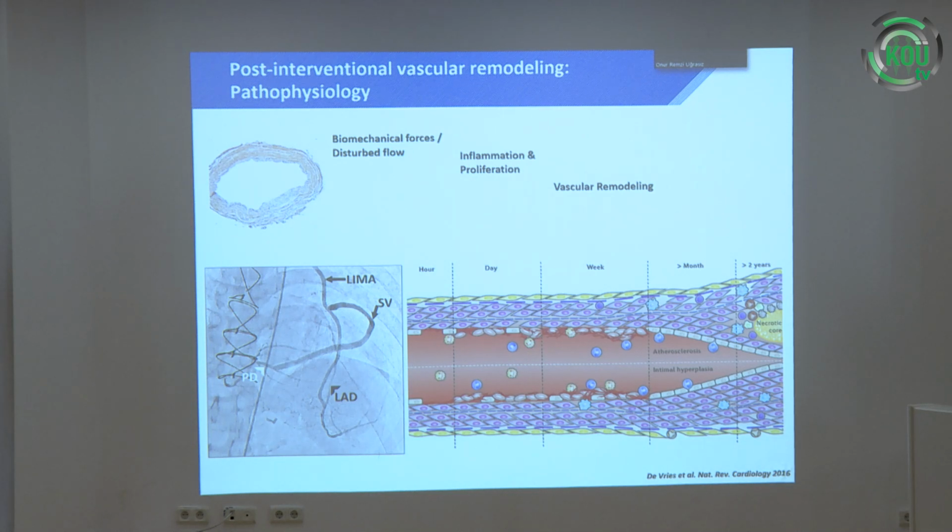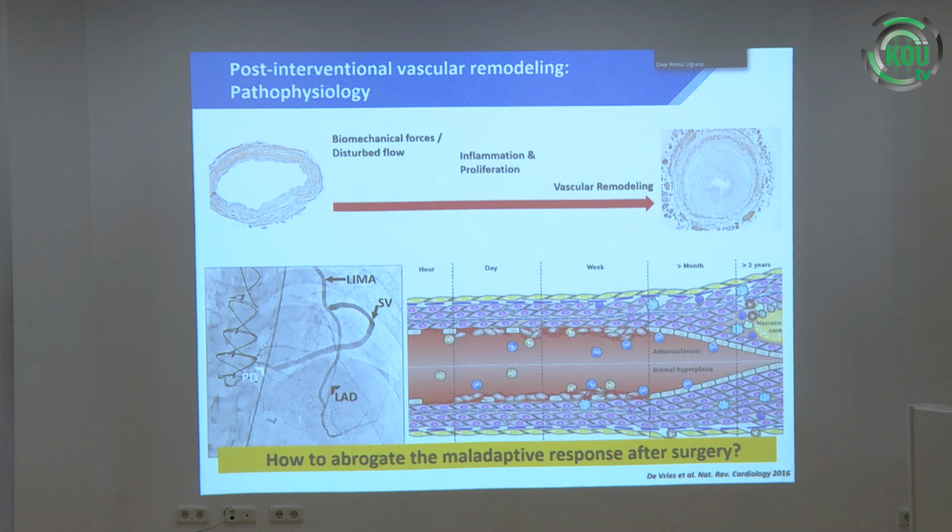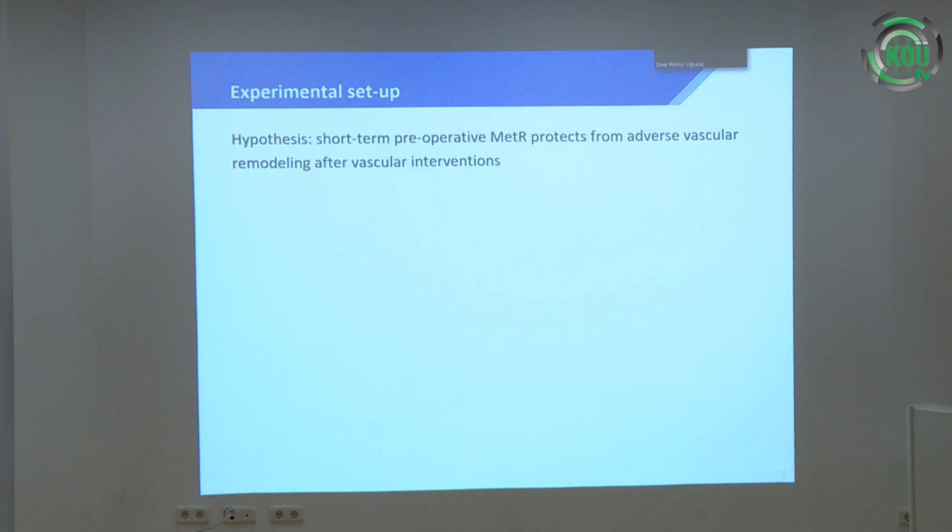But over time, this tends to overshoot, where we again have development of atherosclerosis and intimal hyperplasia, leading to loss of patency, and these patients have to undergo new interventions. The question that we ask ourselves in the lab is, how can we abrogate this maladaptive response that we see after surgery? And of course, I'm standing here believing that dietary restriction could be one feasible way to do that.